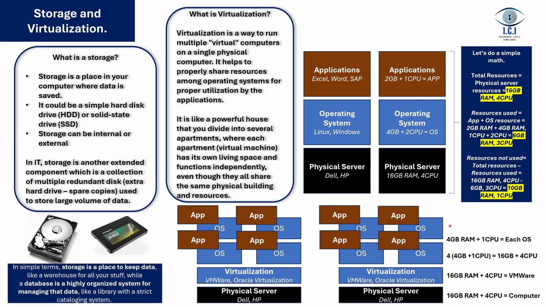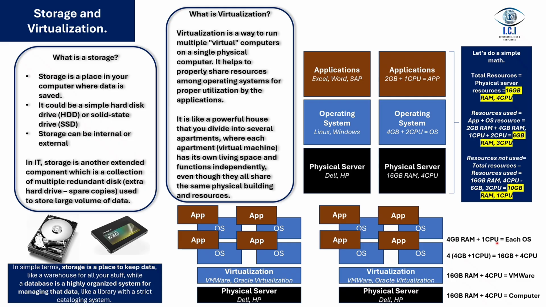So if you look at it, you have 4 gig RAM, 1 CPU for OS 1, 4 gig RAM, 1 CPU for OS 2, 4 gig RAM, 1 CPU for OS 3, 4 gig RAM, 1 CPU for OS 4. So this virtualization helps us in that proper distribution of resources.